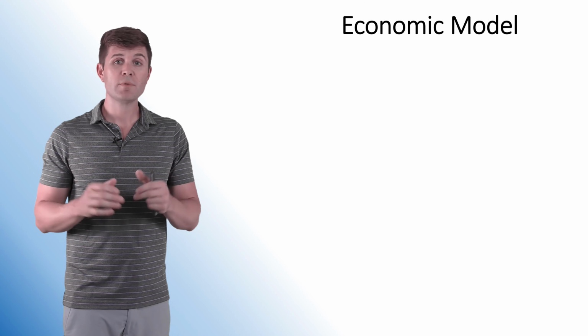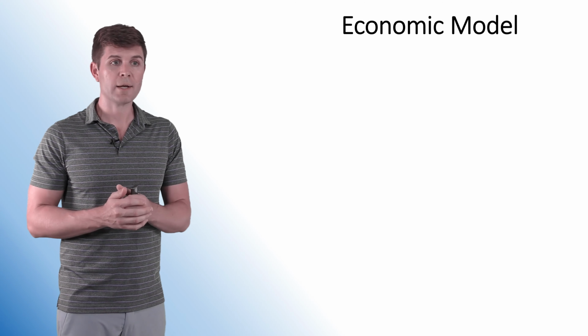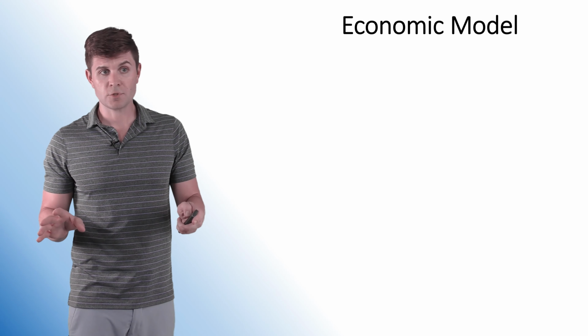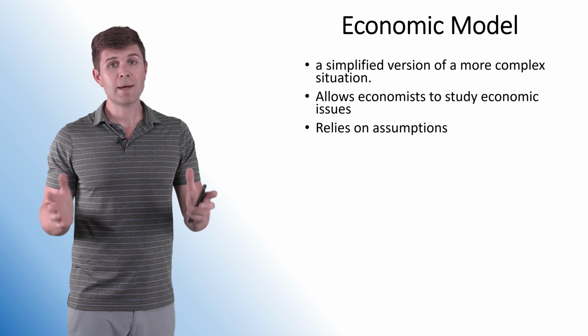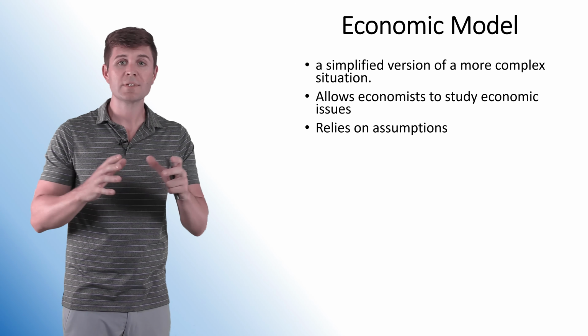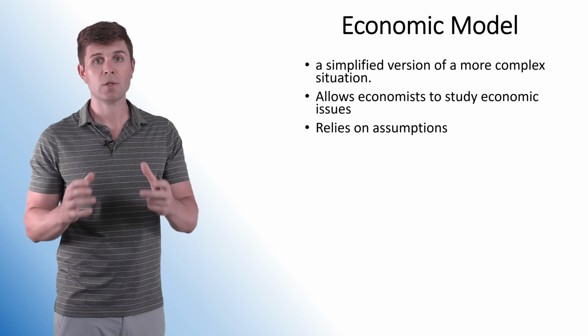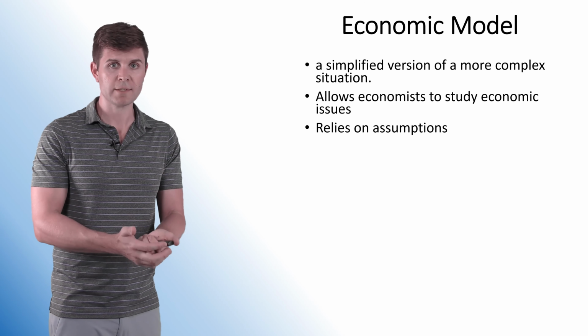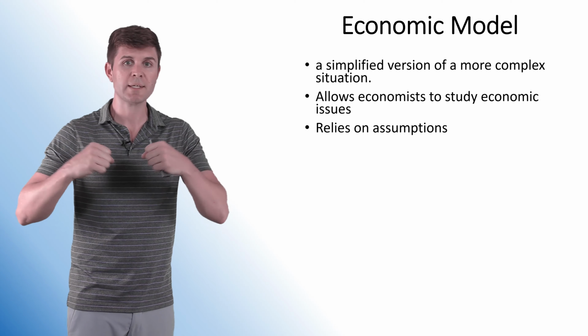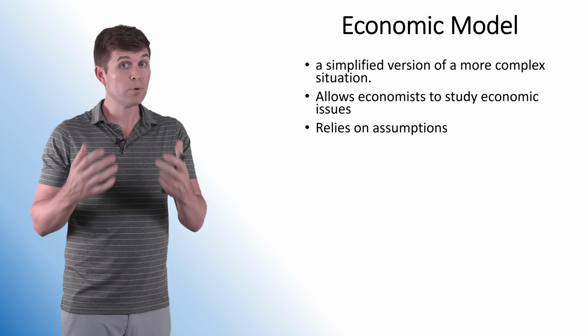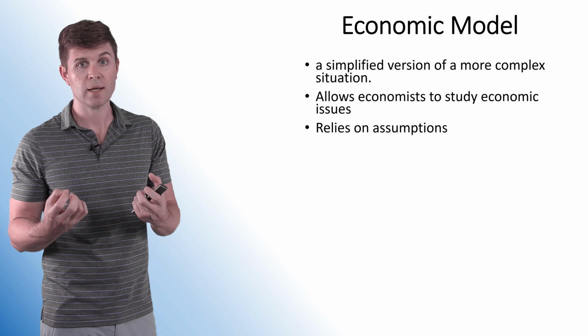All right, now before we move on to the circular flow model, I want to talk about economic models in general. An economic model is basically just a simplified model of something more complex. It's taking a complex idea, breaking it down to its most simple form, and putting it in a way that we can actually understand.